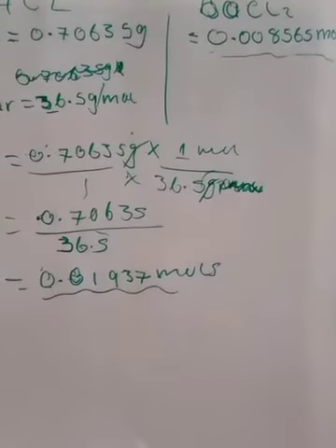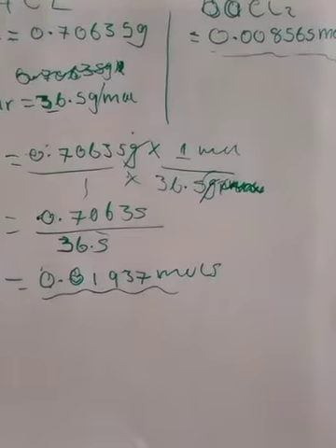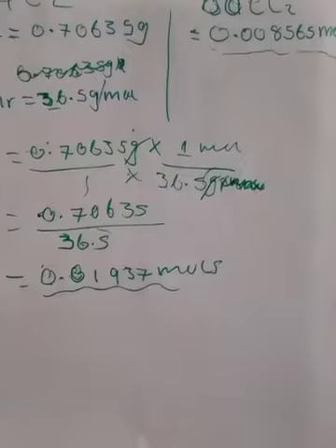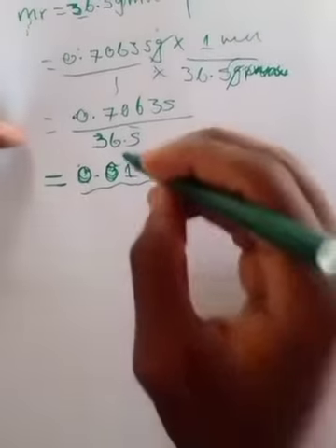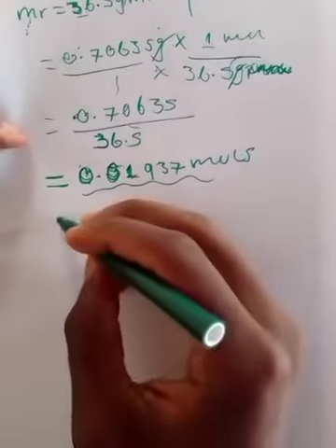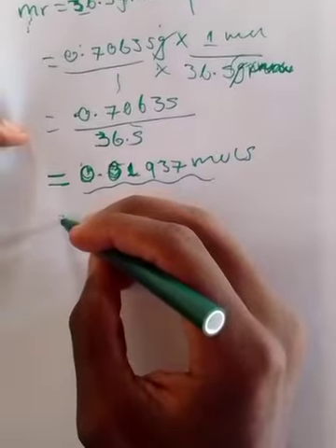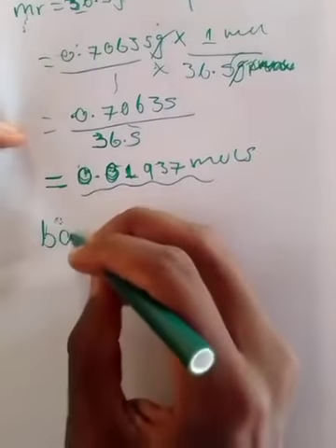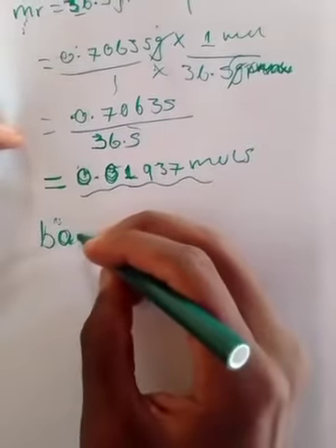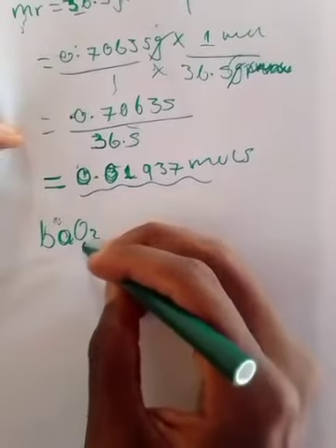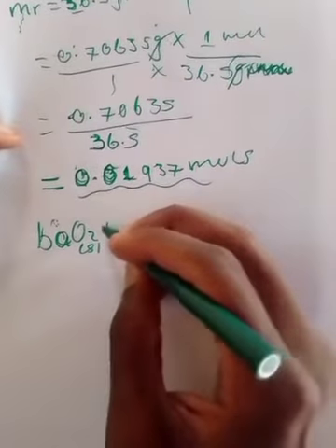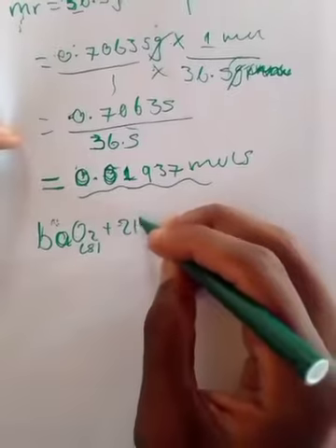So now you are going to write the formula again. The formula is that barium peroxide, which is a solid, reacted with hydrochloric acid, and they gave us H2O.